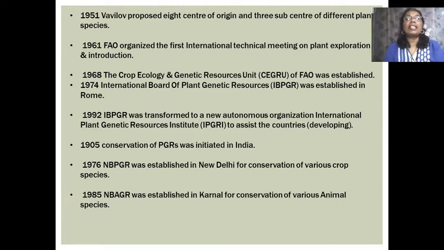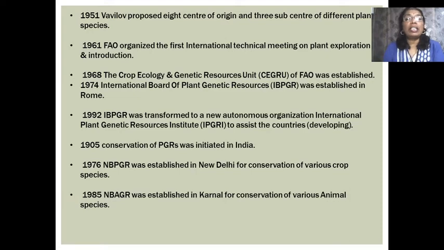In 1961, FAO organized the first international technical meeting on plant exploration and introduction. In 1968, the Crop Ecology and Genetic Resources Unit of FAO was established, while in 1974, the International Board for Plant Genetic Resources, IBPGR, was established in Rome.